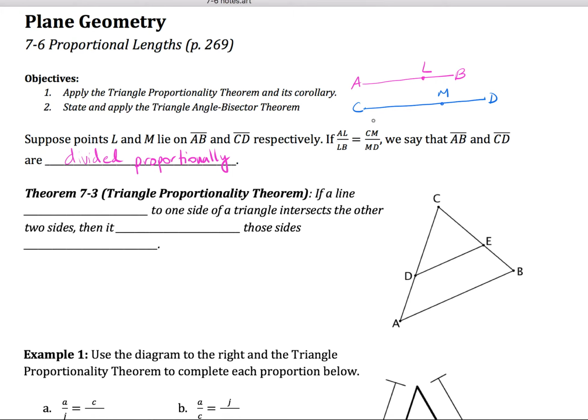And when we set up a ratio of those two segments for each original segment, those two ratios are equal, so it's obviously a proportion. So we say that those two segments have been divided proportionally.